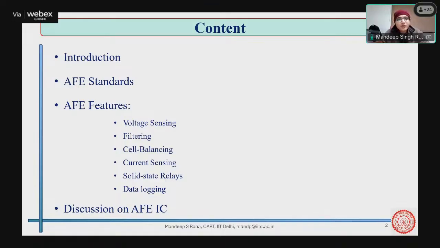Then we will go to some of the features and how to take care of them when we go for a hardware implementation. Then we will be going on to the standard IC side, sorry, not the design of the IC, but surrounding the IC. Whatever I am discussing here as an implementation is very generic and can actually be used when it comes to real-time implementation using a microcontroller.